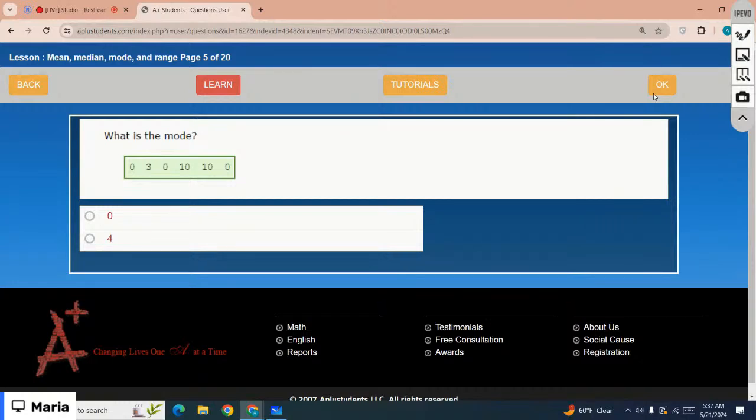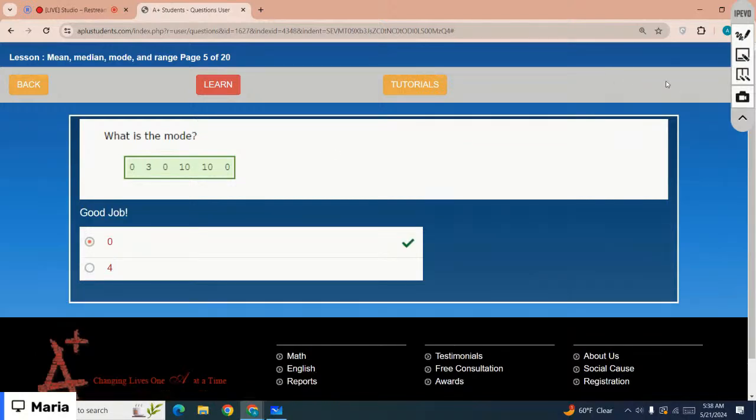The correct option is 0. 0 is the number that appears the most of the time. So the correct option is 0.